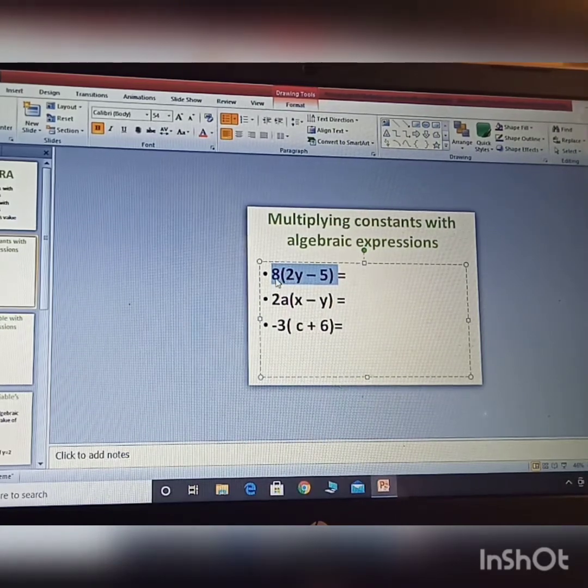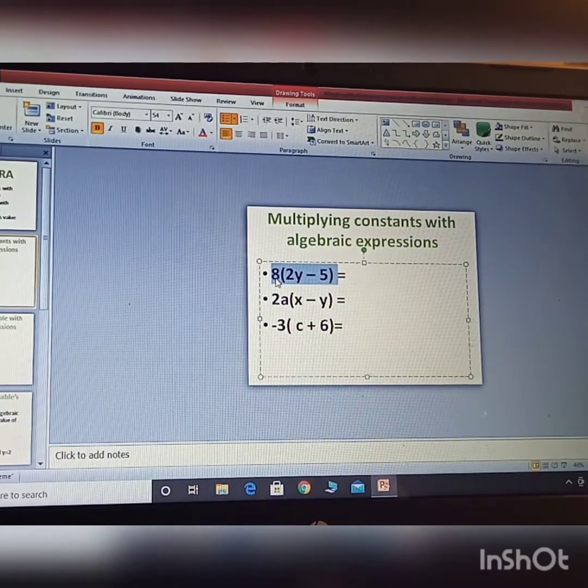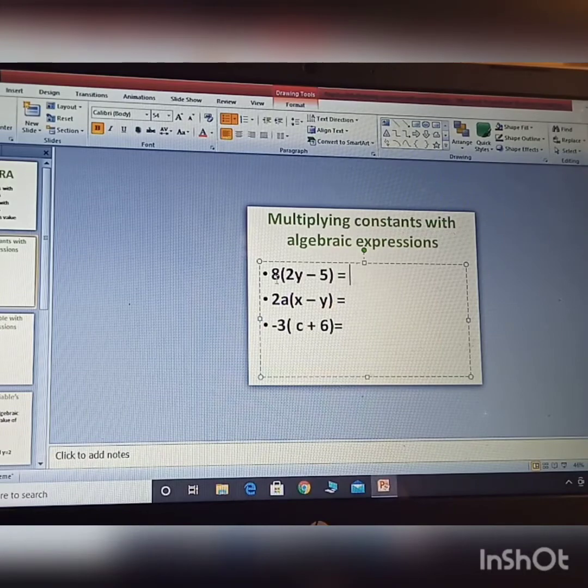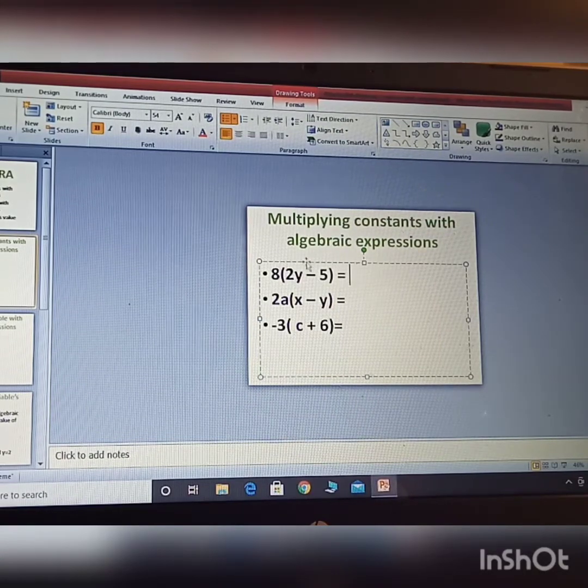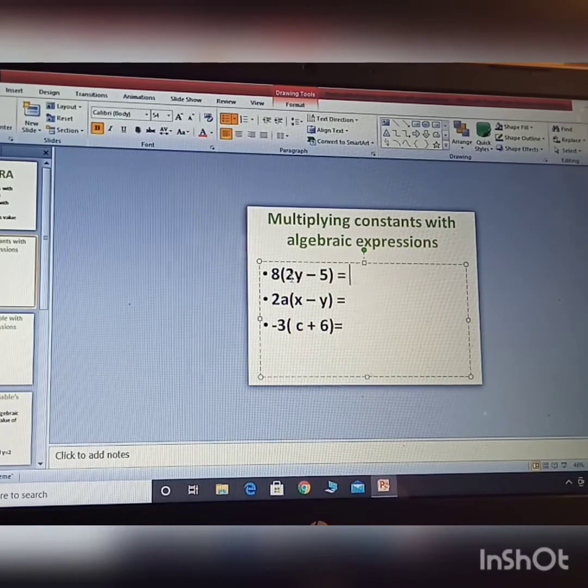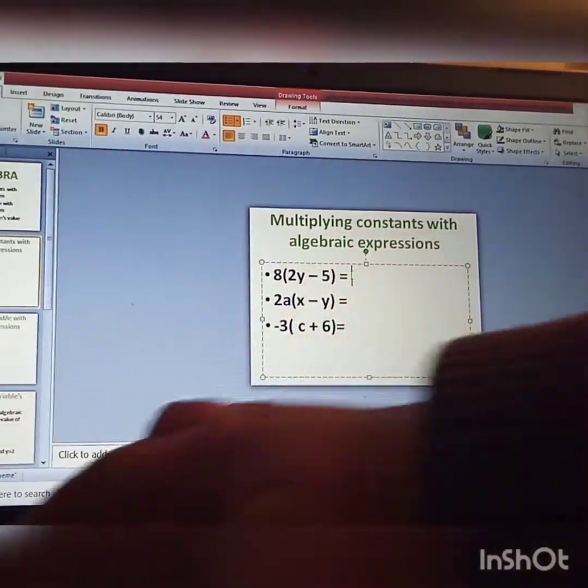So this constant will be multiplied with this whole expression. The rule to multiply it is that you will multiply 8 with the coefficient of the first term. Coefficient for y is 2. So you will multiply 8 with 2, which gives us 16.